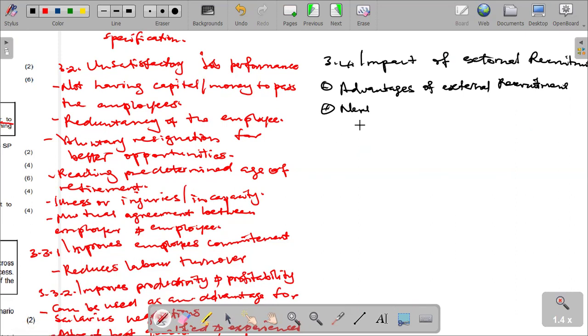We are saying new candidates bring new talents and skills into the organization.